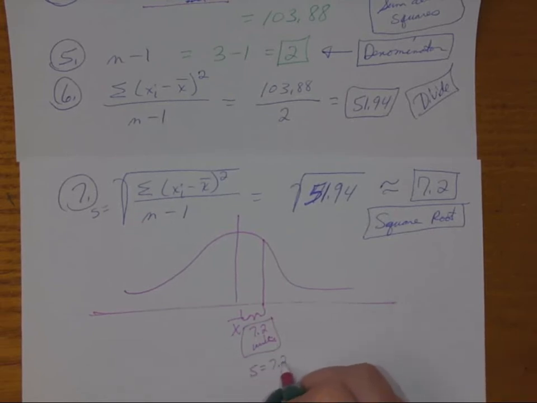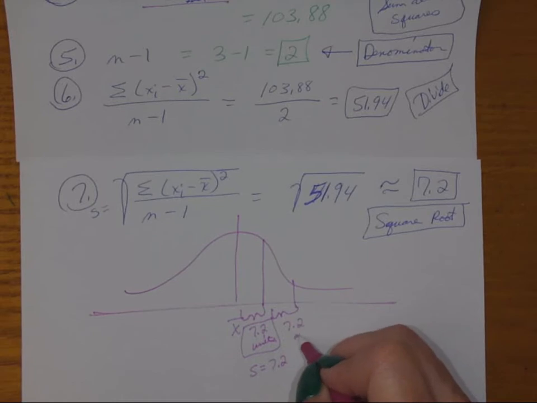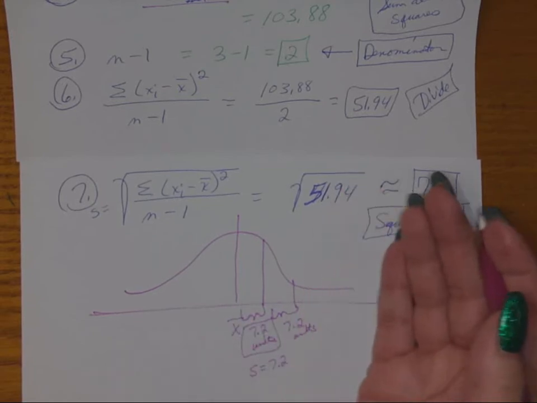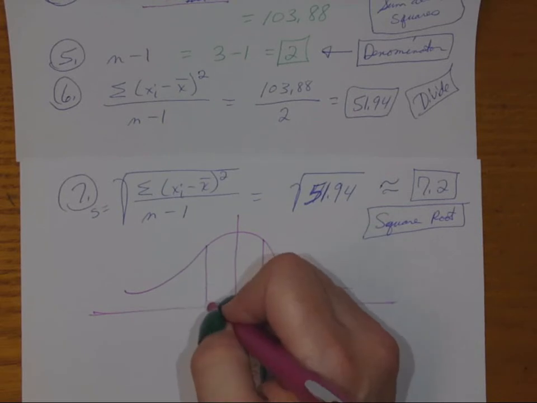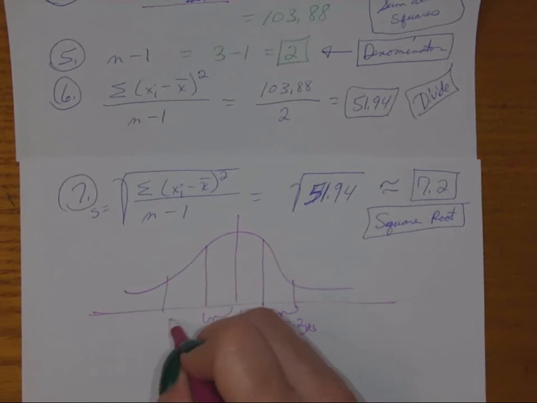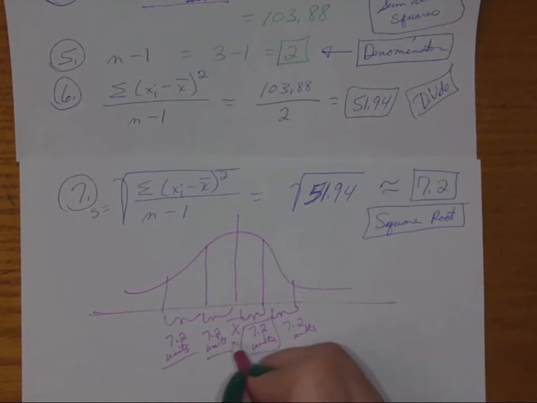S equals 7.2. And then this next standard deviation is 7.2 units, right? And I would look for 2 above. Anything above that is an outlier. And I also look for 2 below. 7.2 units. Oh my goodness, sorry, that's not even. I tell everybody I'm not an artist, sorry.